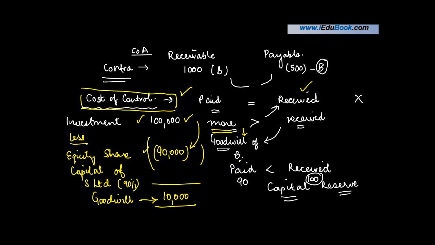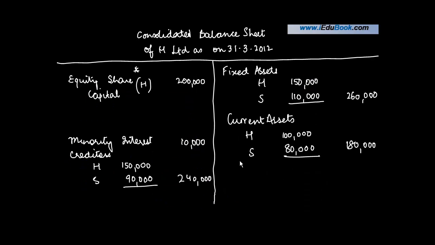Is this goodwill a liability? No, not a liability. Then what is it? Yes, you've thought it correctly. Asset. So we will take this goodwill and put it on the asset side. It's an intangible asset. In Schedule 6, you need to put it under the category of intangible assets. Okay? I think we're done.